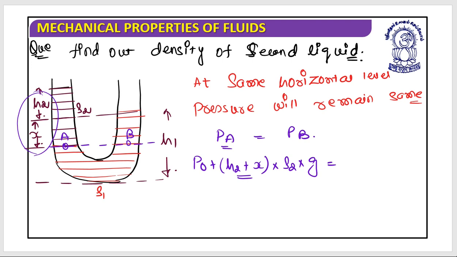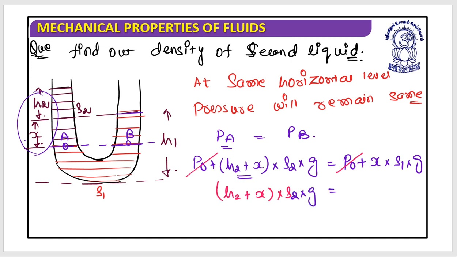That equals PB, which is P naught plus this height x multiplied by the density of this liquid, rho 1, into g. P naught and P naught get cancelled, leaving (h2 plus x) into rho 2 into g equals x multiplied by rho 1 into g.